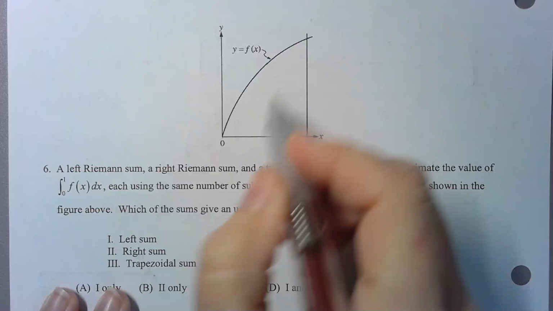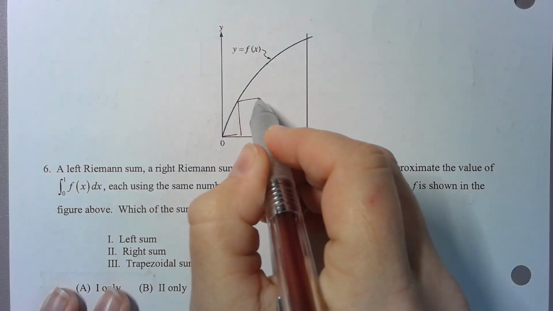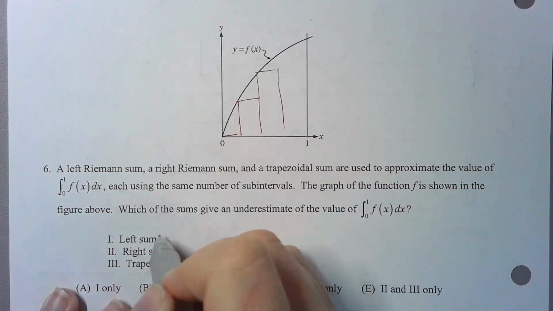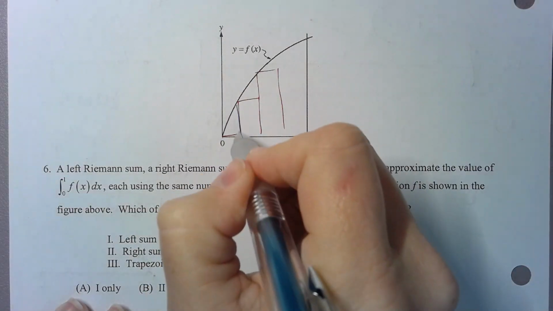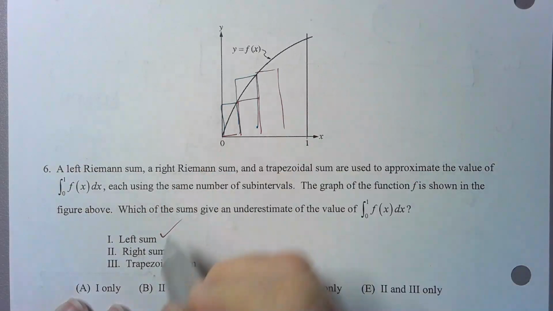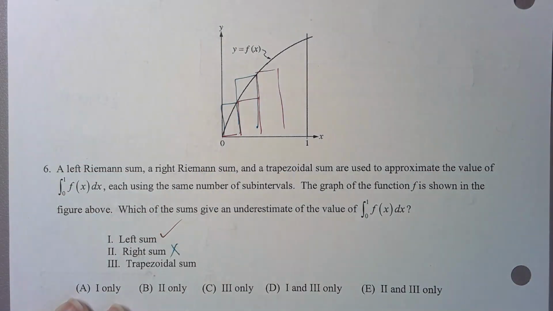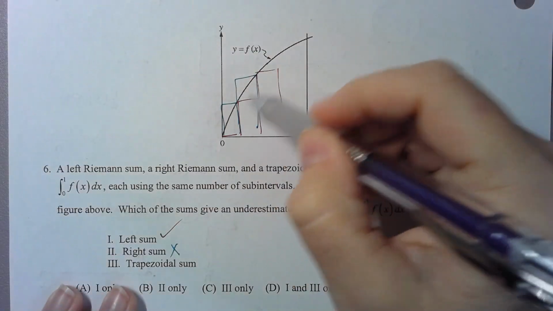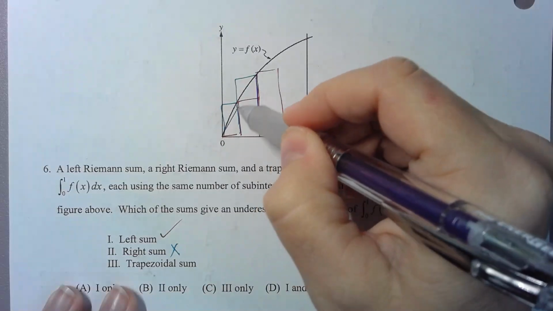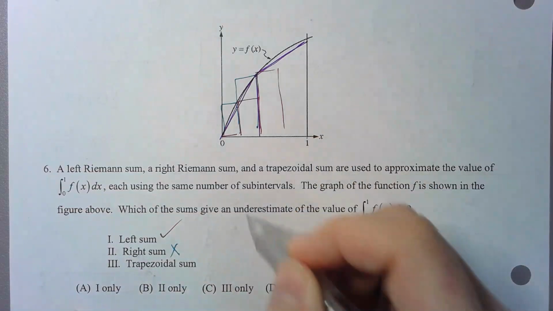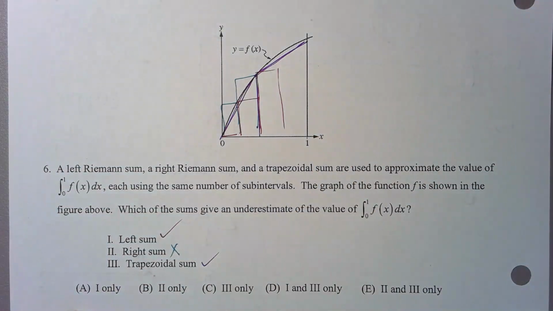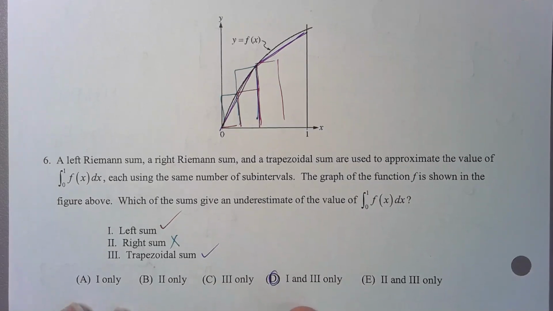Because this graph is going up, a left Riemann sum will give an underestimate. A right Riemann sum will give an overestimate. That conversation we already had. A trapezoidal sum, because the graph is concave down, also gives an underestimate. And that's where we get the answer of D.